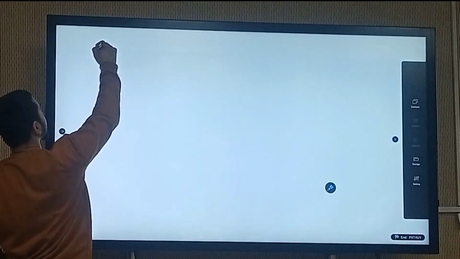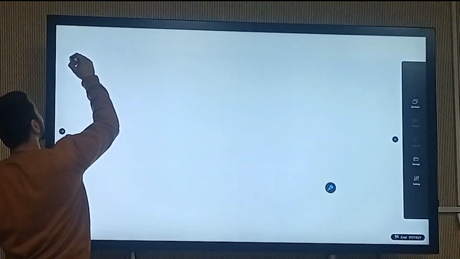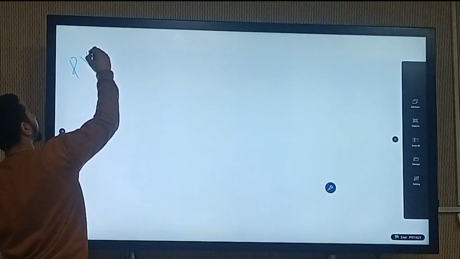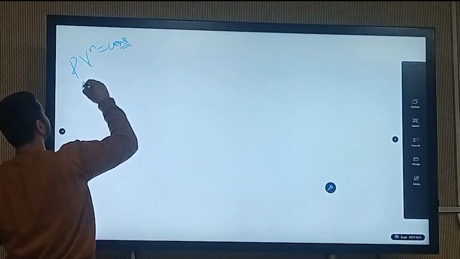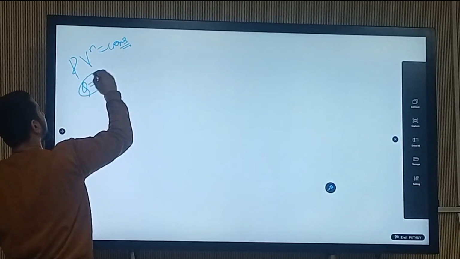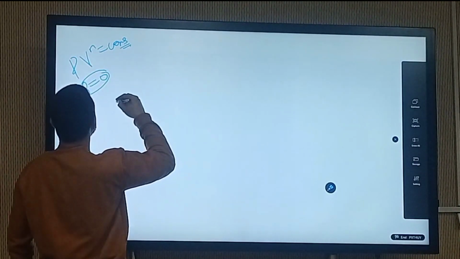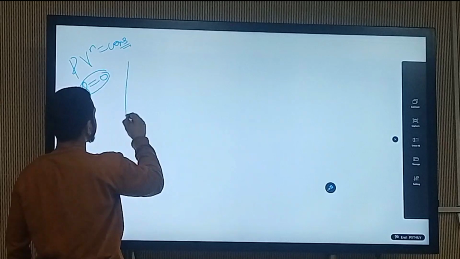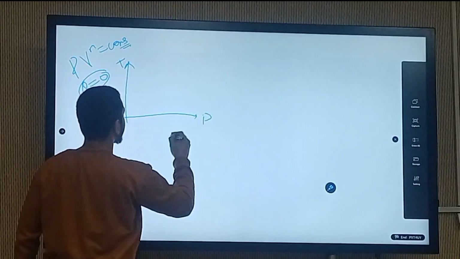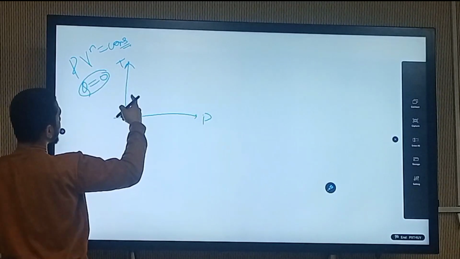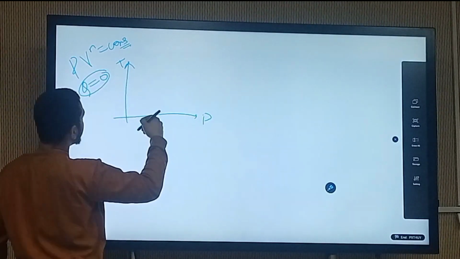Okay, so in the adiabatic process, let's see the graphs. As we know that the equation is PV to the power of n is equal to constant, so the Q is 0. Okay, so in this, the temperature versus pressure.